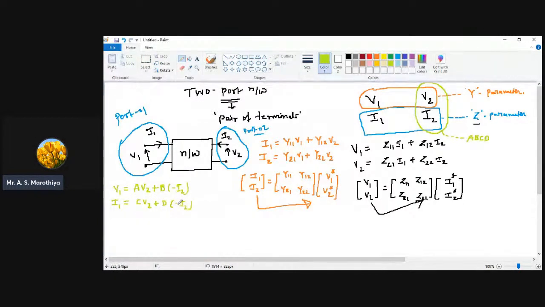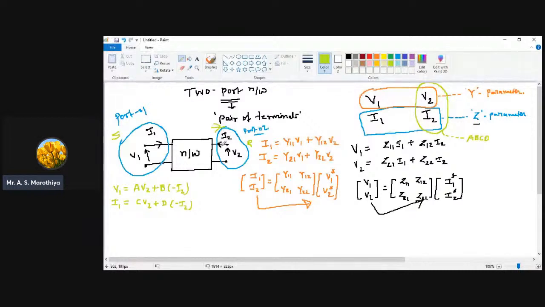Now why have we taken the minus sign over here? See, these ABCD parameters are basically used to represent transmission line modeling of a line in case of power system. And we know that in transmission line modeling, suppose we treat port 1 as a source, then port 2 has to be a receiver, and because port 2 is receiver, the direction of current has to be in the outward direction.